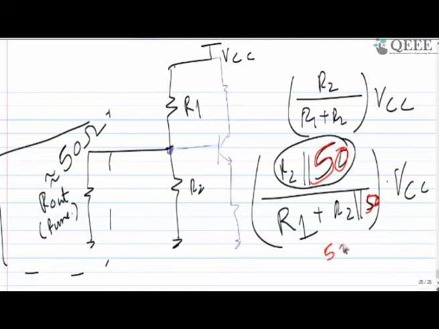So effectively, assume that R1 is very big. So this is what you are going to see at the output, which is nearly 0 or a very low number, and this is not going to give you the proper voltage which you are expecting.